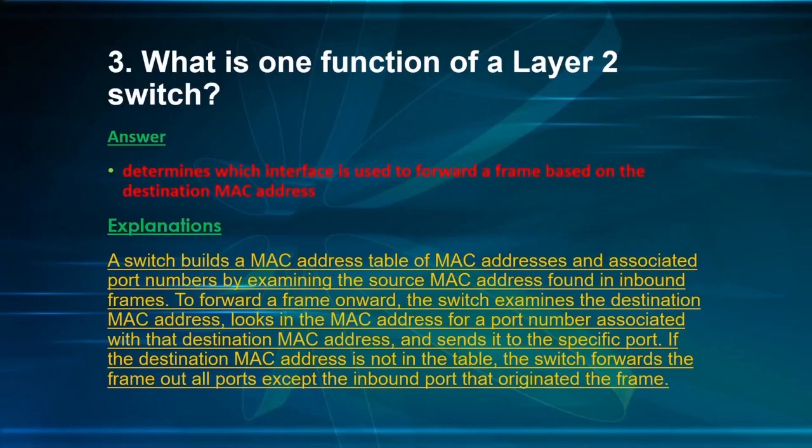Then the switch examines the destination MAC address. It looks in the MAC address table for a port number associated with the destination MAC address and sends it to the specific port. If the destination MAC address is not in the table, the switch forwards the frame out all ports except the inbound port that originated the frame.